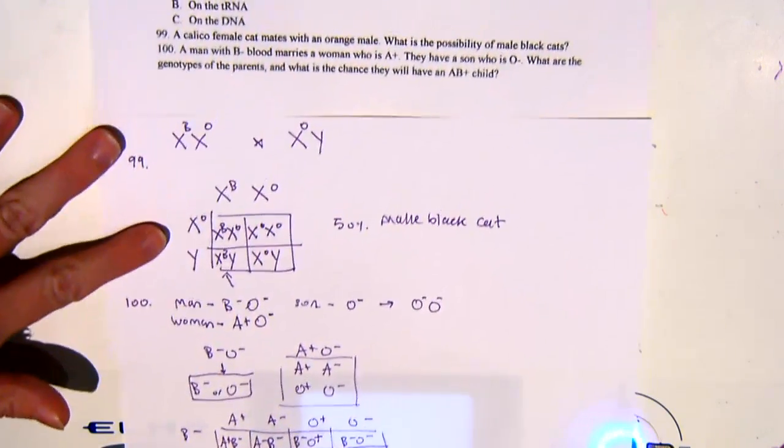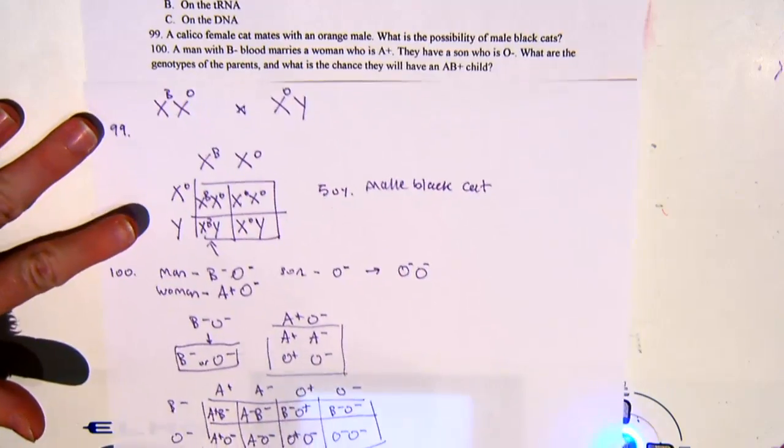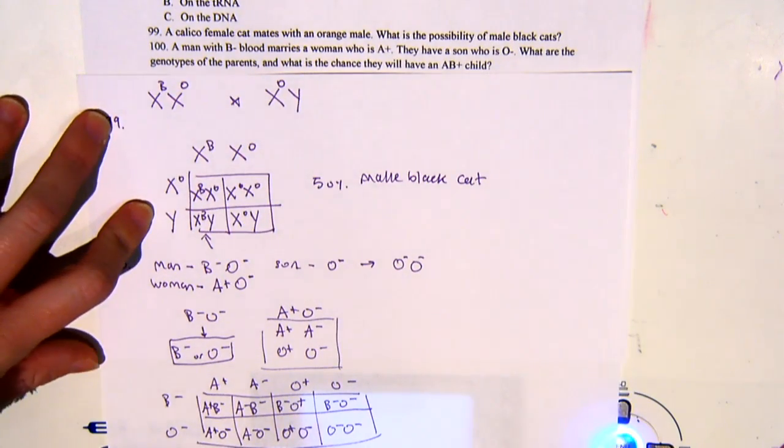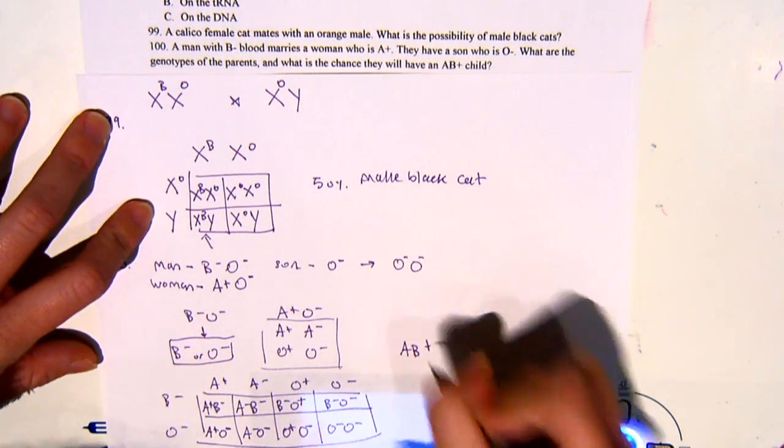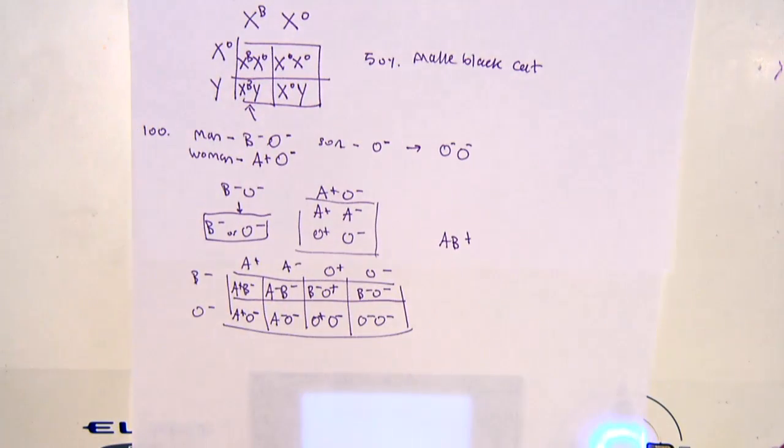Our question is asking us, we want to find the chance we have an AB positive child. So if we're AB, we could have a couple different genotypes.